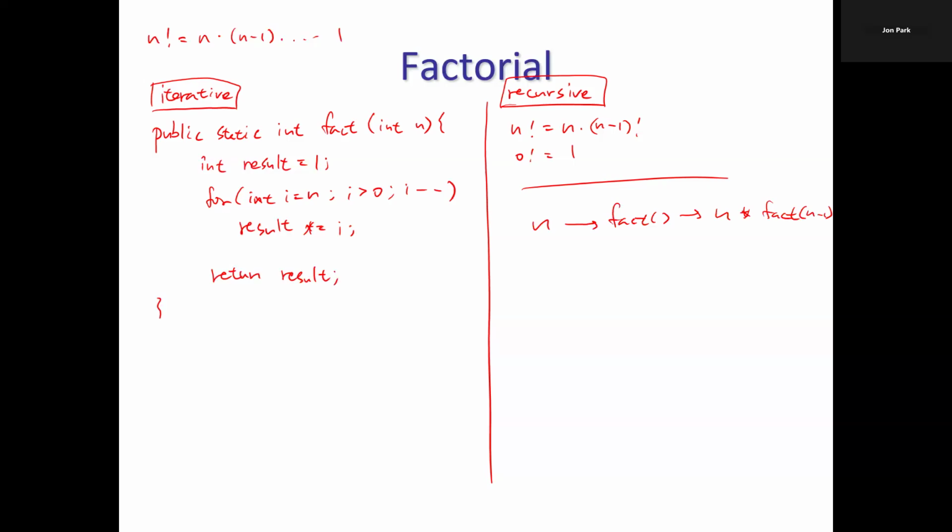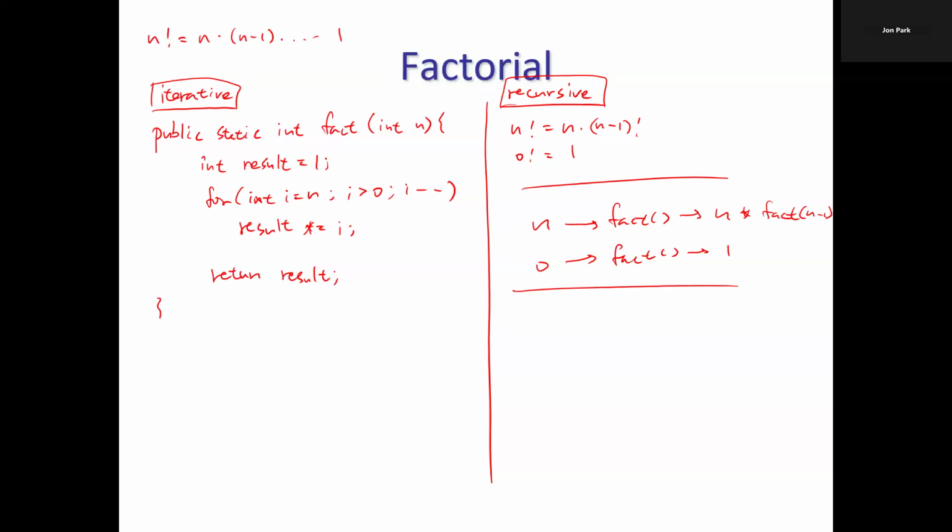The same method, fact. If you pass in 0, it should return 1. That's literally translating our recursive definition into behavior, semi-Java-ish, right?